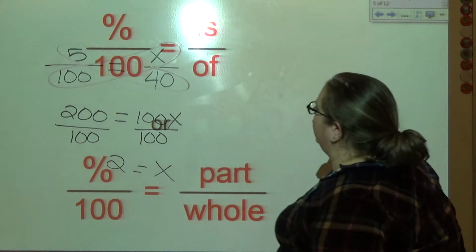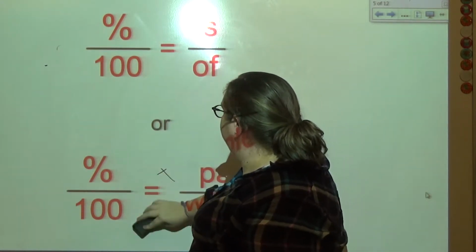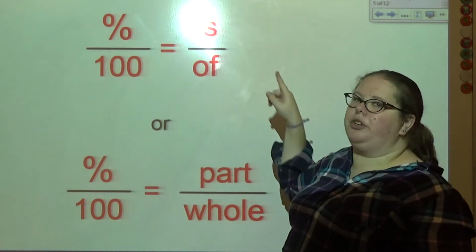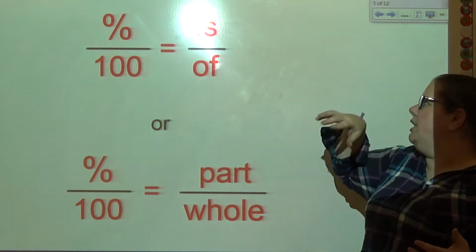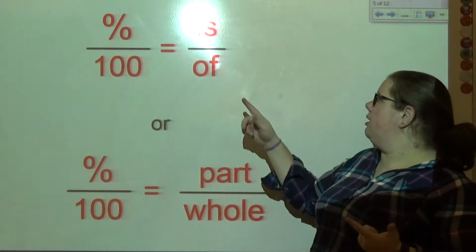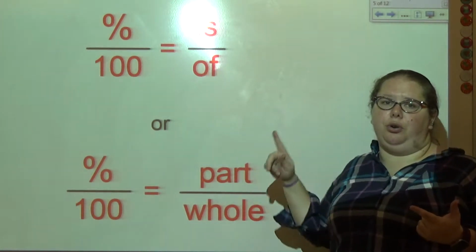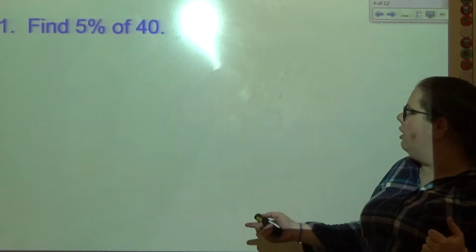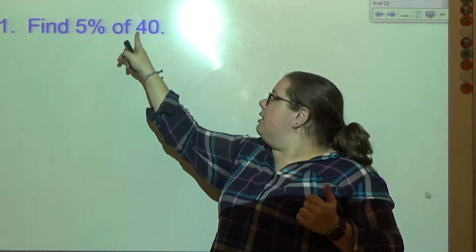So, again, for these proportions, the way we set it up, a lot of teachers teach it like this: is over of. In these word problems, it's really common to see the words "of" or "is." Your "is" is always your part. Your "of" is your whole. Just like in this last problem, notice "of 40." The "of" is your whole.